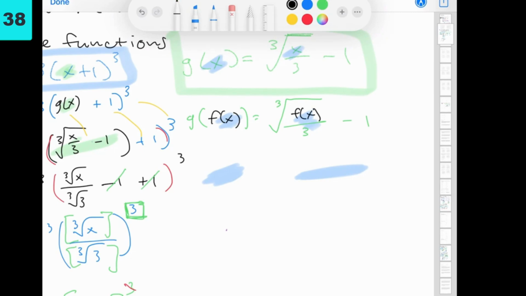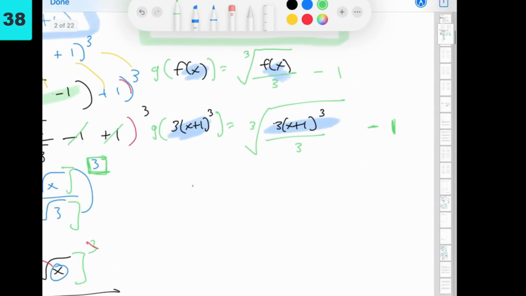But now the f of x is 3 times x plus 1 to the third power. So I have this g function, cube root of all this, and that minus 1 is on the outside.